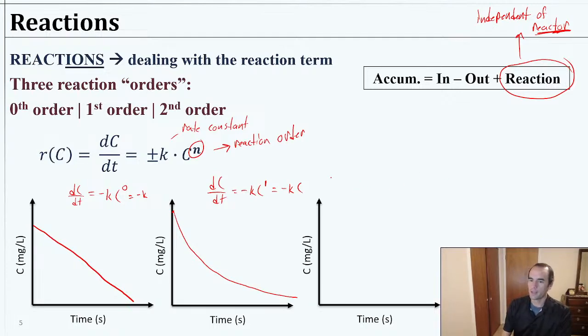So then in a second order case, and this would be, by the way, 0th, 1st, and 2nd orders. This one is going to have the same type of situation, dc dt equals negative kc squared this time.